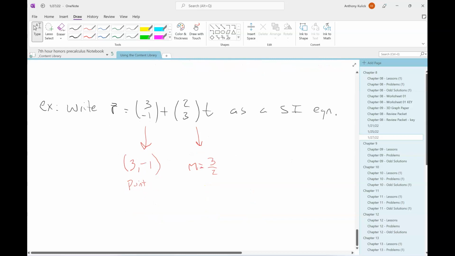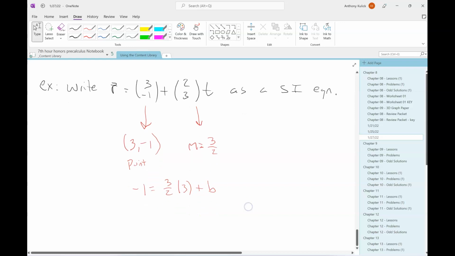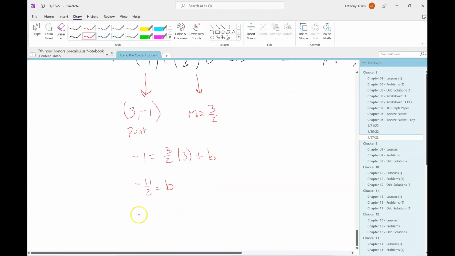And now it's just an Algebra 1 problem. So y equals mx plus b. I solve for b by subtracting 9/2 from both sides, and then plug it all back in to get my slope-intercept equation.